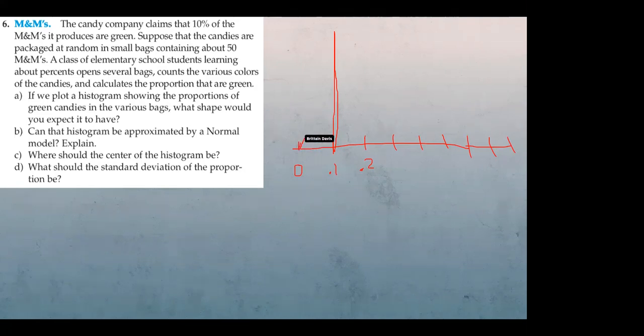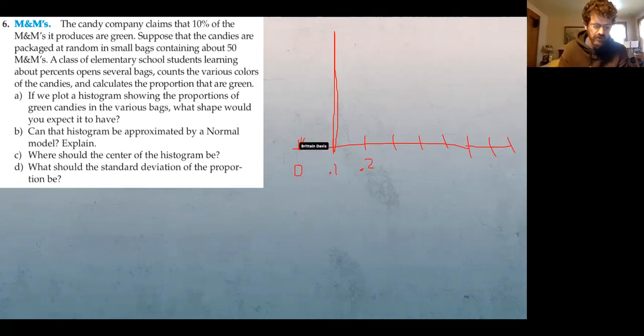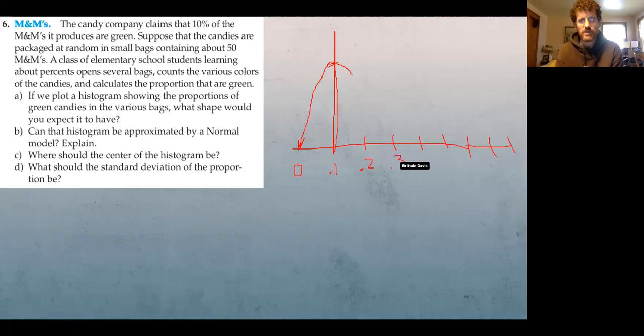So we would expect this to maybe have some zeros and then come up and max at about 0.1. Now, we need to think of the other side. Certainly having 20% of them being green is realistic to assume. Could we theoretically have 0.3, like 30% of them be green? Yeah.